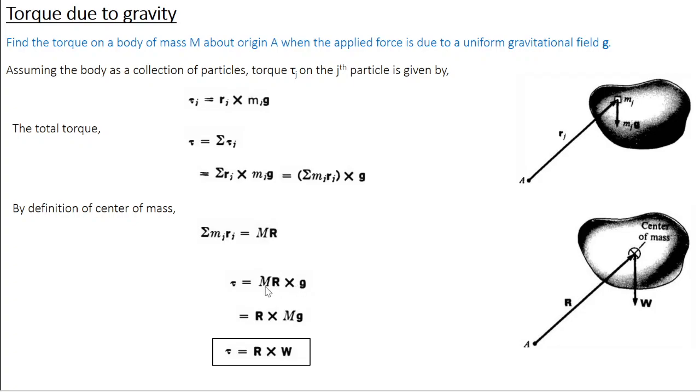So once again, M being a scalar, I can place it on any side of the cross product. So this is equal to R cross Mg, where Mg is the total weight of the system. So tau equal to R cross W. So torque due to gravity is nothing but a cross product of position vector of the center of mass and the total weight of the system.